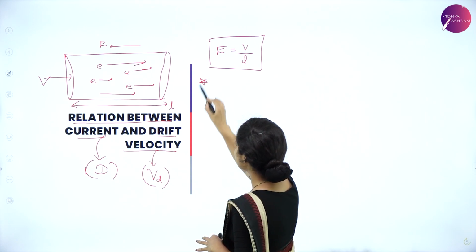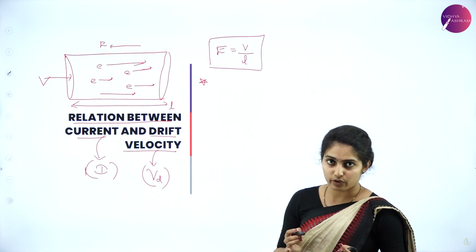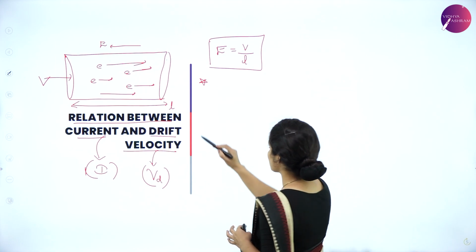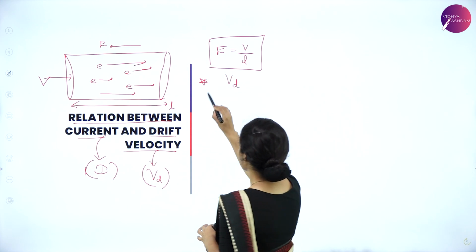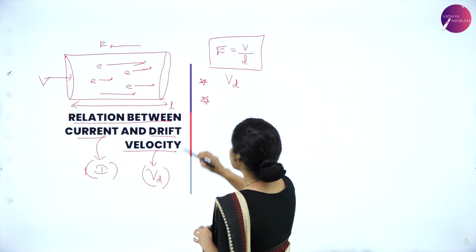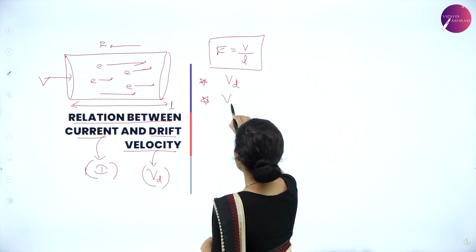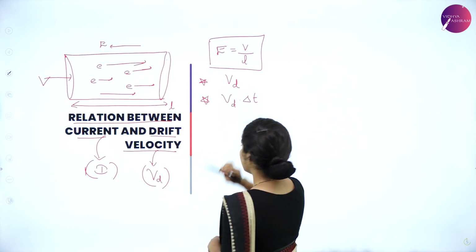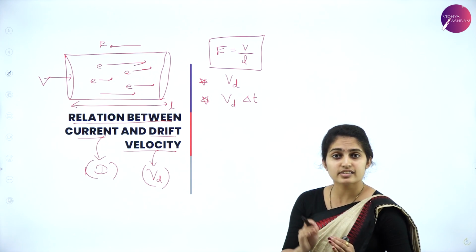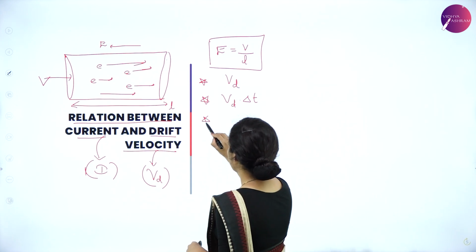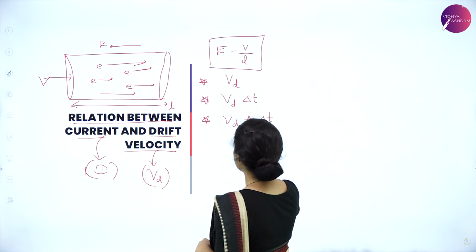Now, as there is an electric field produced and there is a drift velocity for the free electrons in the opposite direction, we have Vd. This drift velocity occurs in a certain interval of time, so we have Vd into delta t. Where does it occur in the certain interval of time? It occurs in the area of it. So we can write it as Vd into A into delta t.